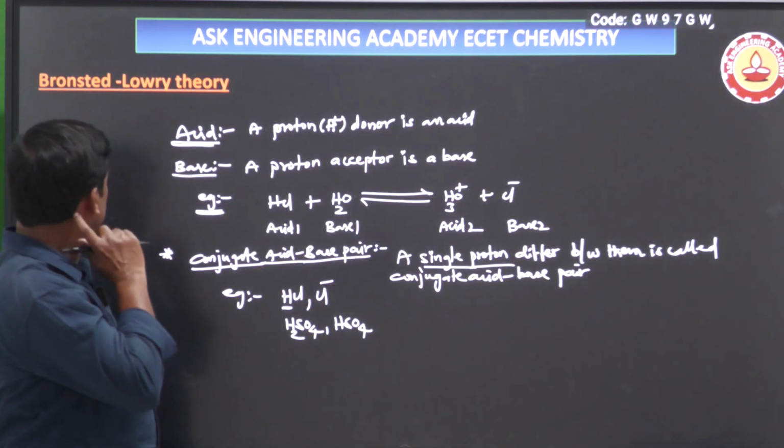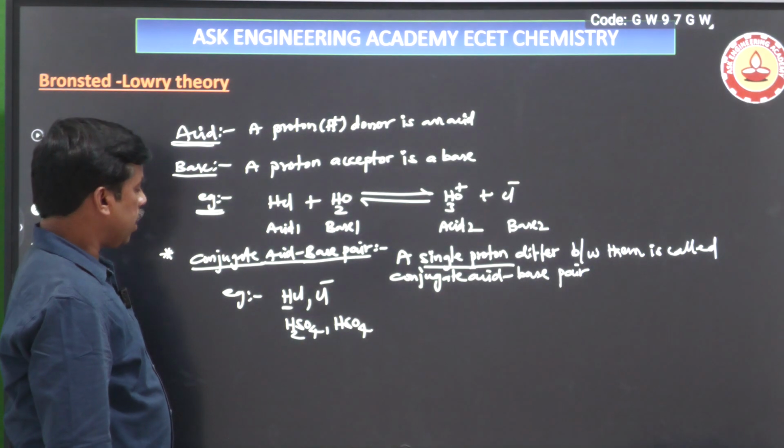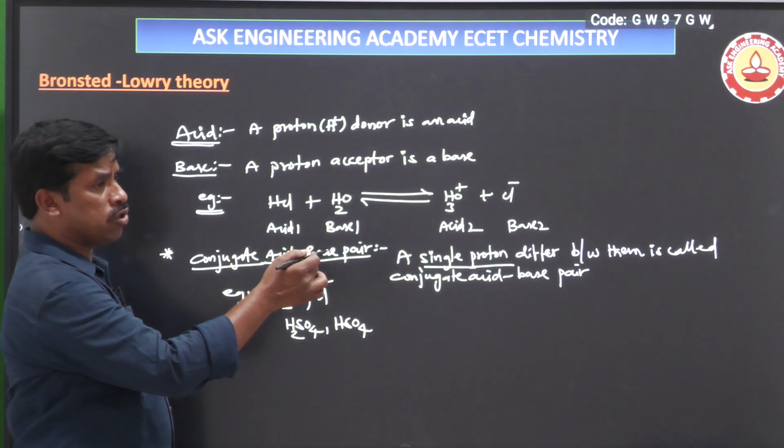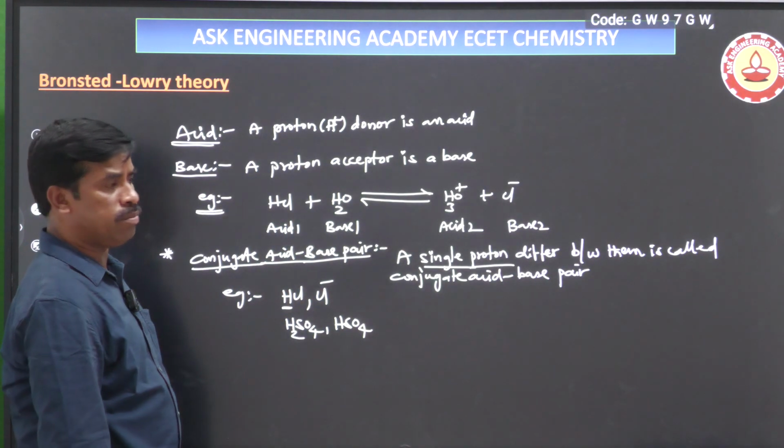According to Bronsted-Lowry theory, what is not explained: whenever a proton is donated, that is said to be an acid, and whenever a proton is accepted, that is said to be a base.